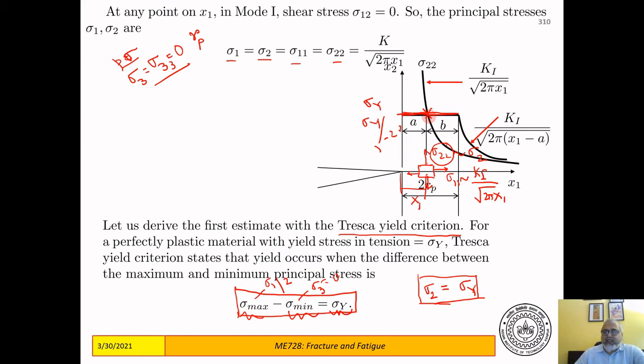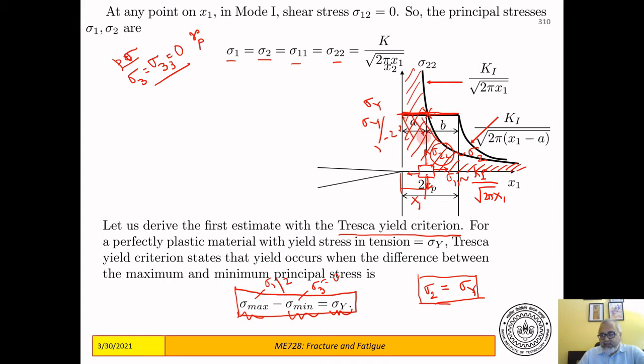Obviously, this area gives you the force that balances the remotely applied stress.